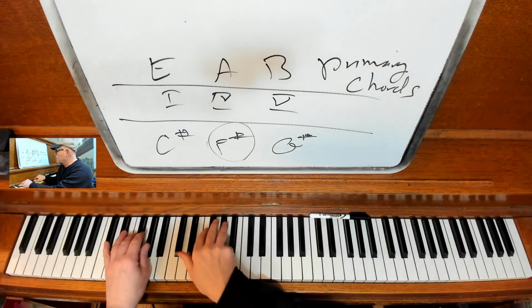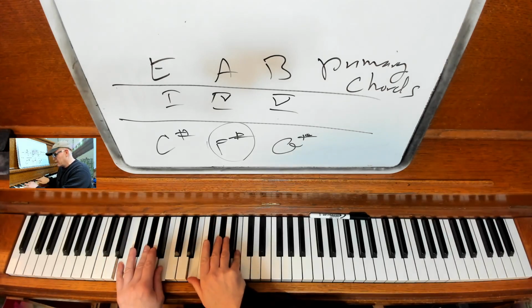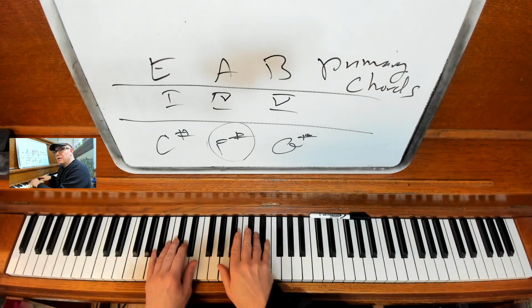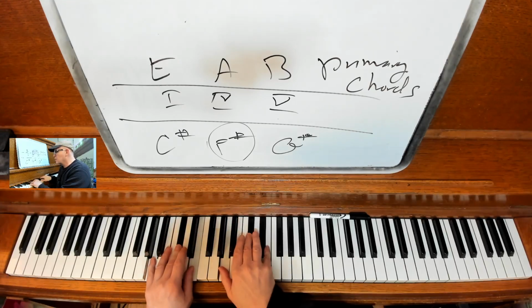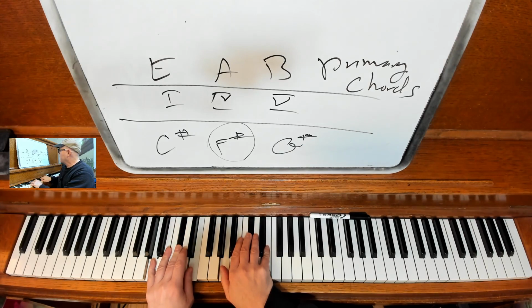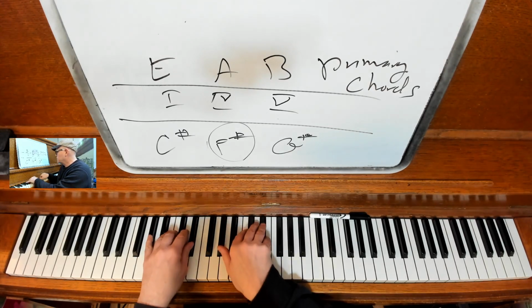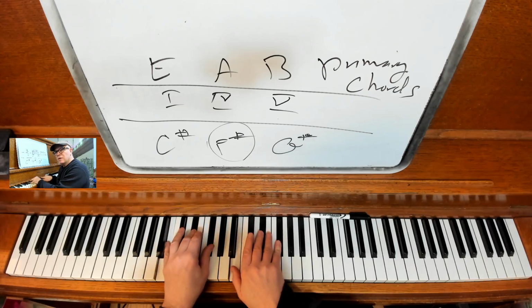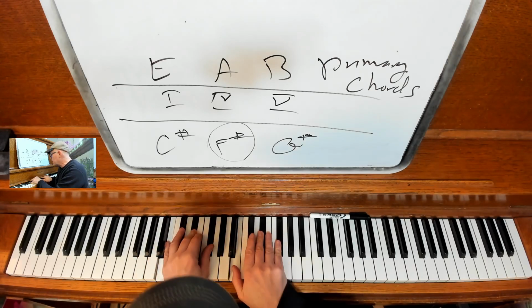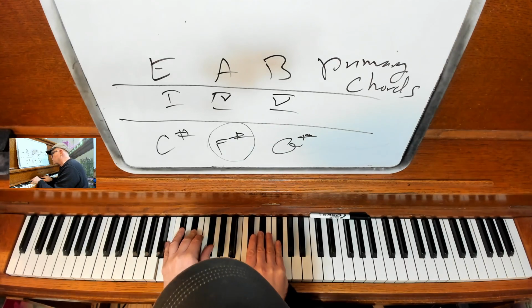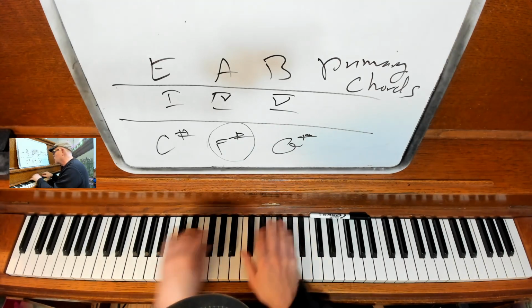Going from C sharp to E is a minor third. Going from F sharp to A is a minor third, right? And going from G sharp to B is a minor third. That's how I hear this tune, and that's how I think you should look at it and learn it.